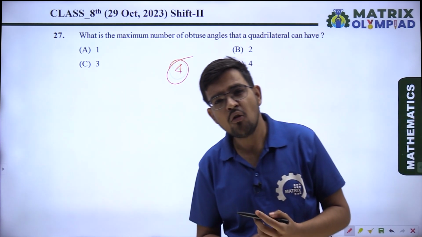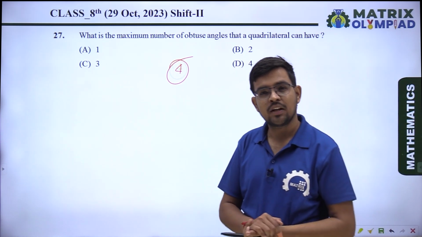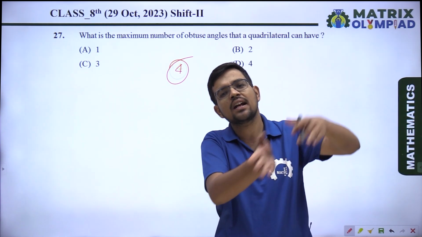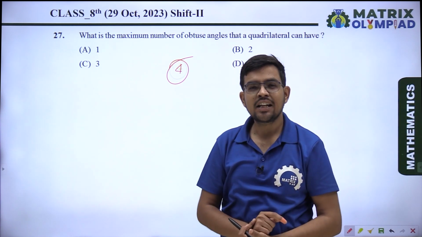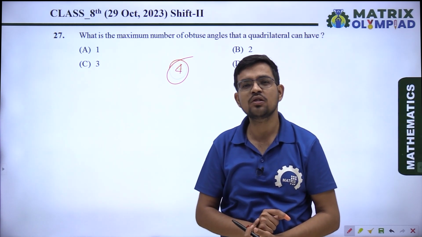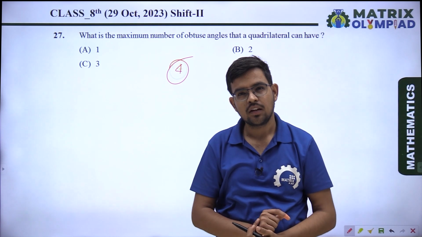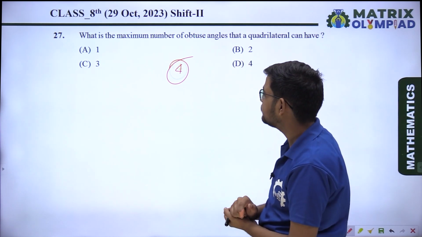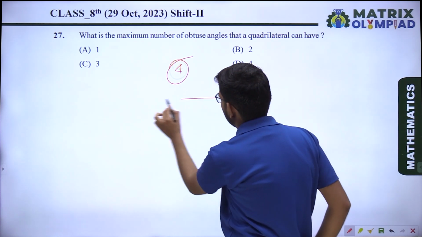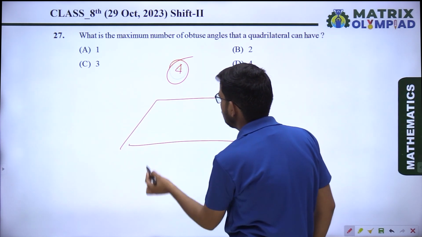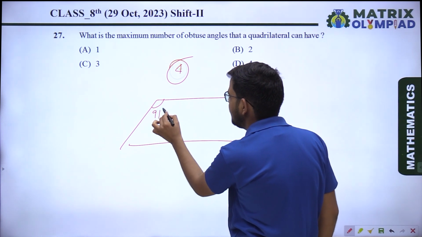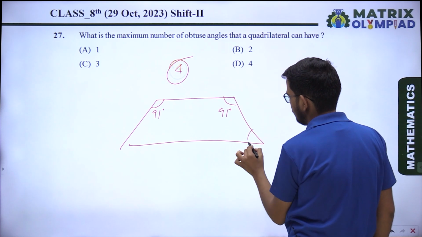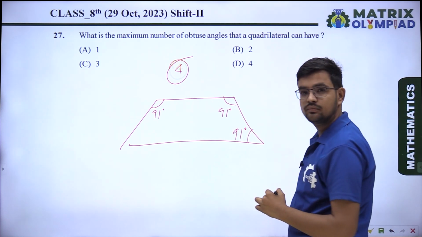So if all 4 are obtuse, it means all 4 are greater than 90 degrees, then the sum will be greater than 360 degrees. That is not possible. Just assume 3 angles are 91 degrees, 91 degrees, 91 degrees.